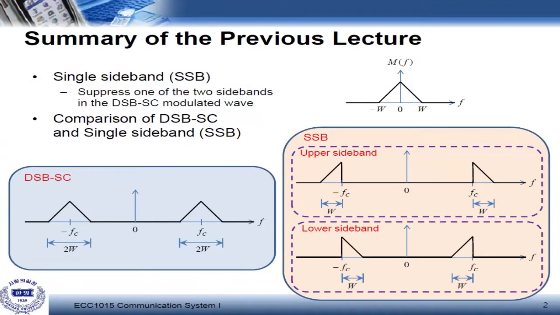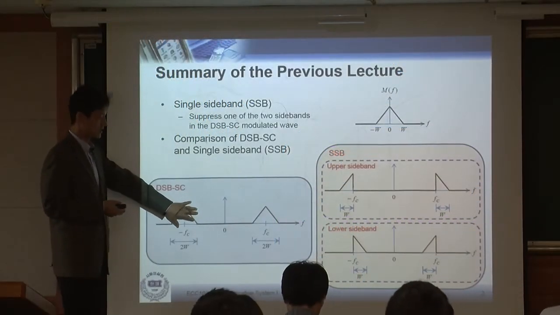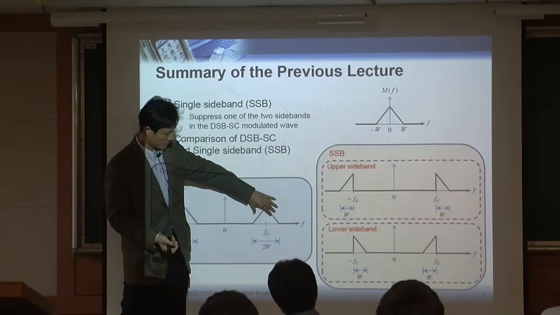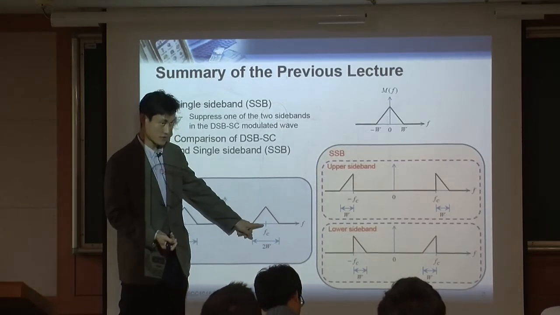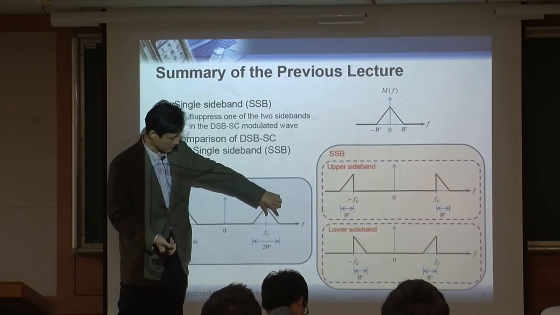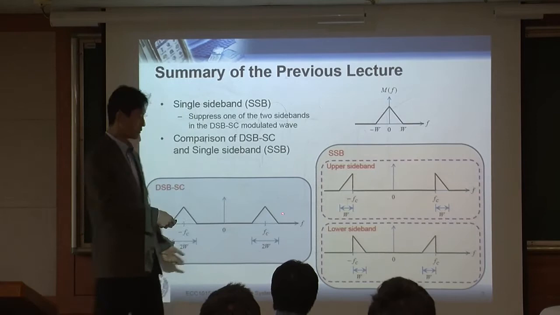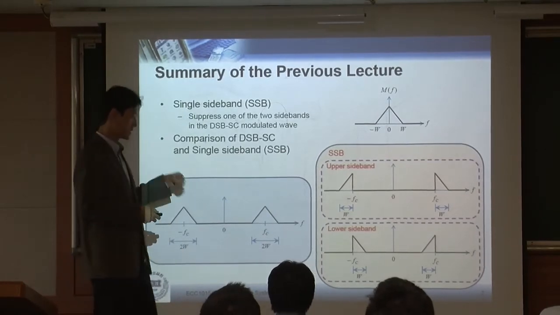The basic idea of single sideband is that you can compare double sideband with single sideband. This is a double sideband. As you can see here in the passband, with the center frequency being the carrier frequency, the left side and right side, or the lower and upper sidebands, both look the same in general.